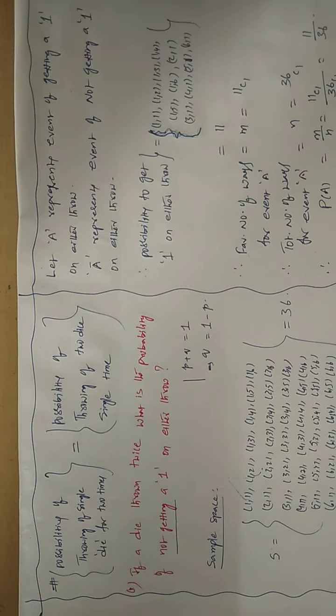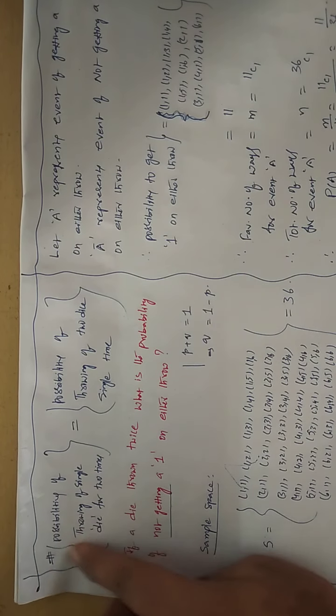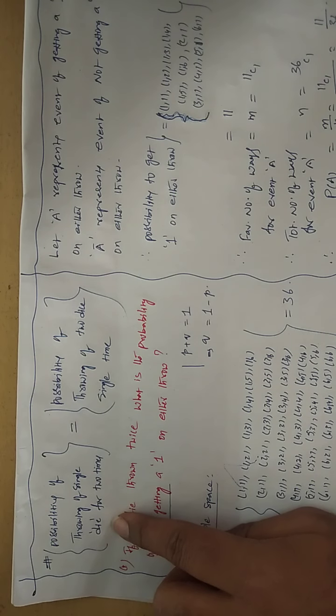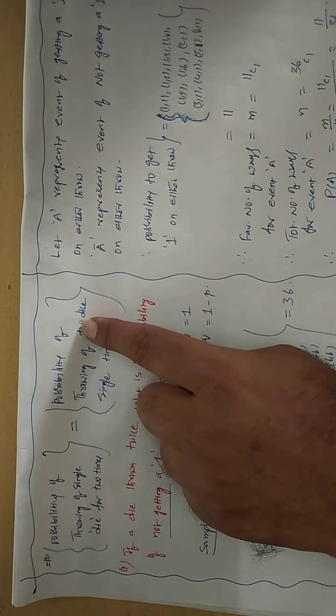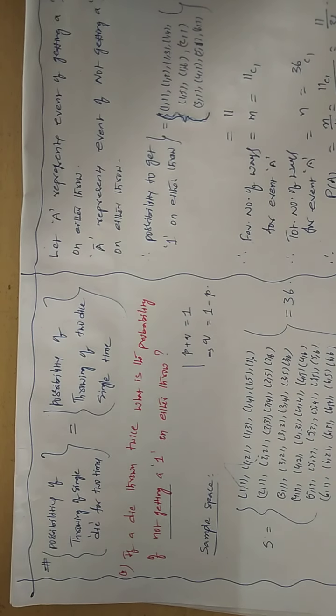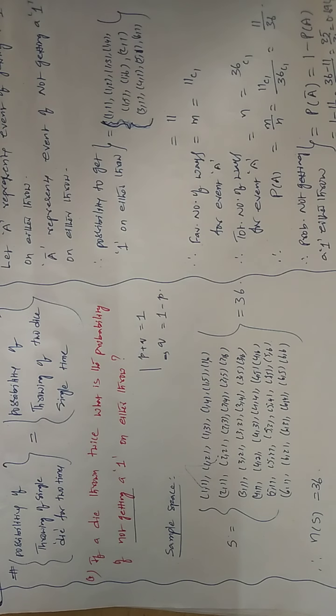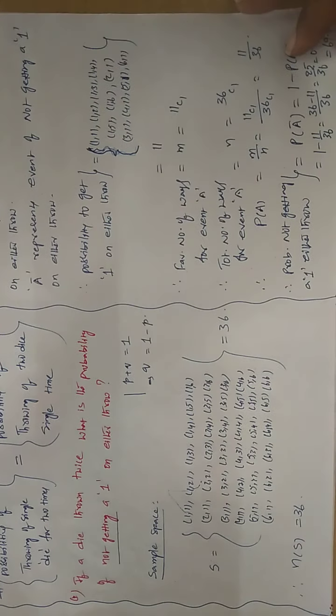So what is the important point here? You have to observe: throwing a single die 2 times is equal to throwing 2 dice a single time. So this is the sample space.